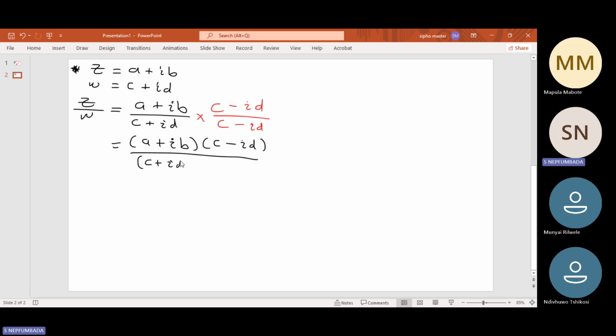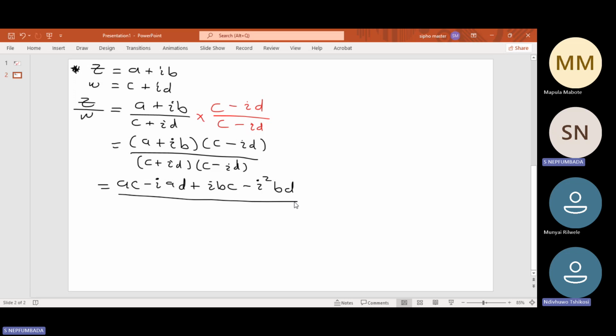So this is c plus id multiplied by c minus id. On the denominator, you can see that we've got the difference between two squares. The numerator is ac minus iad plus ibc, or bc, let's just use alphabetical order, minus i squared bd.